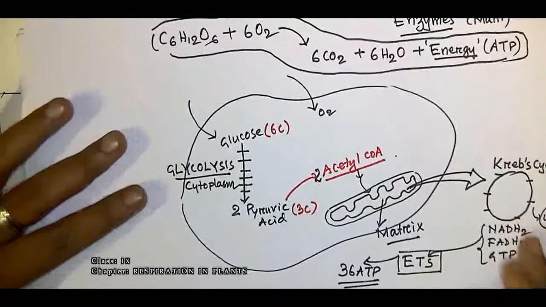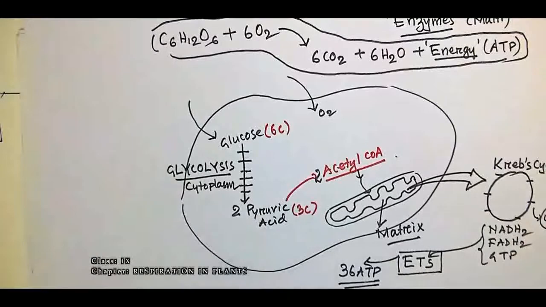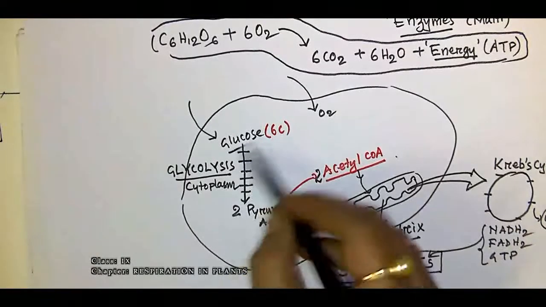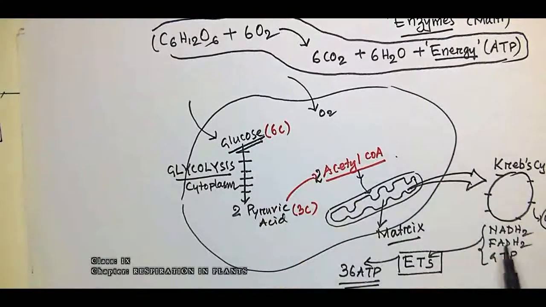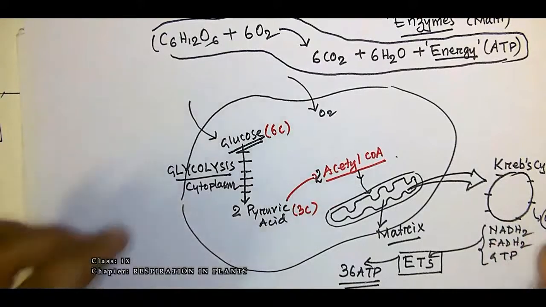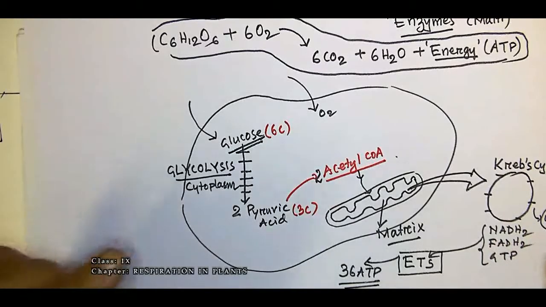So if you look at the whole process, what becomes very interesting is that at the end of the complete breakdown of glucose, you are actually going to get 36 molecules of ATP from one molecule of glucose. I believe you got an overview of what is happening inside the cell.